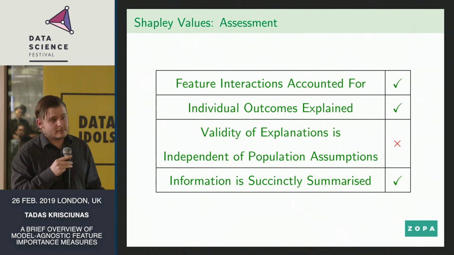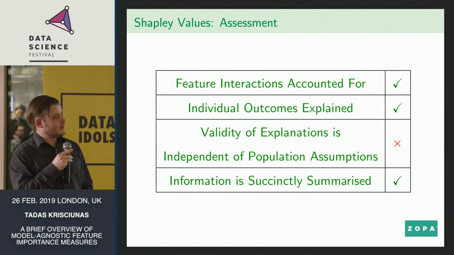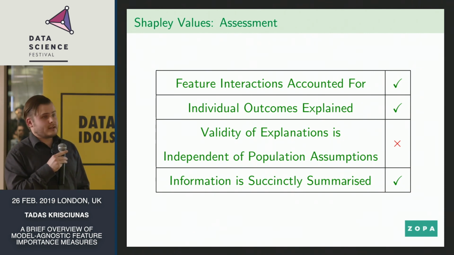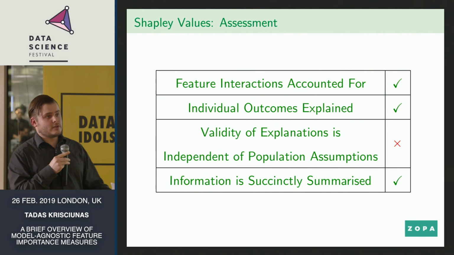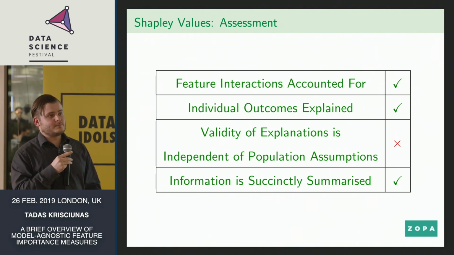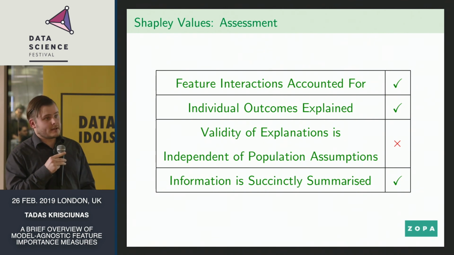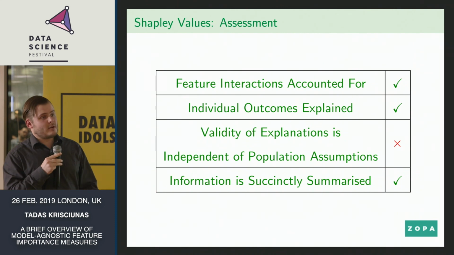We are still depending on an assumption of the feature space, or our population, as just discussed. And finally, we have a way to summarize feature importances in a very traditional, readily readable way. So it seems that Shapley value importances are indeed quite a promising way of probing black box models.